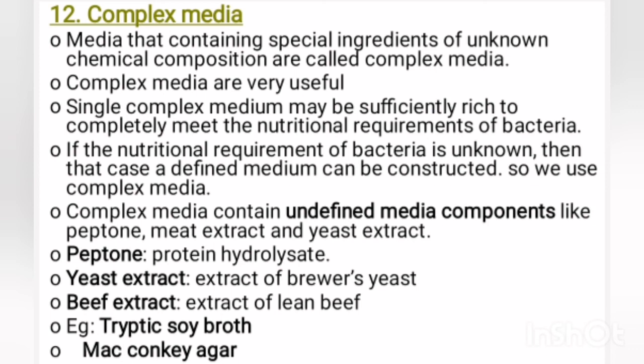We can define the complex medium as media that contains some ingredients of unknown chemical composition. Such media are very useful. If the nutritional requirements of a bacteria are unknown, then we can use complex media instead of defined media.